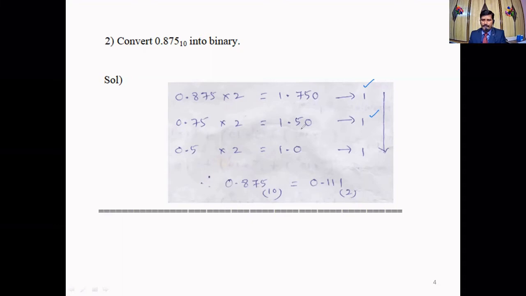And 0.5 times 2 again gives 1.0; this 1 we put. So this became 0, that's why we can stop. While writing after the decimal point, we need to take the downward direction. So 0.111 is the right answer.